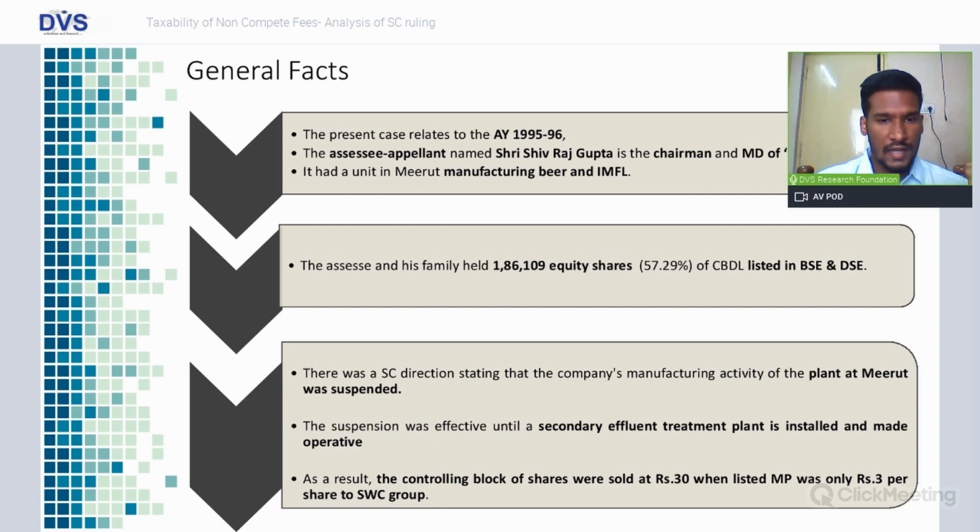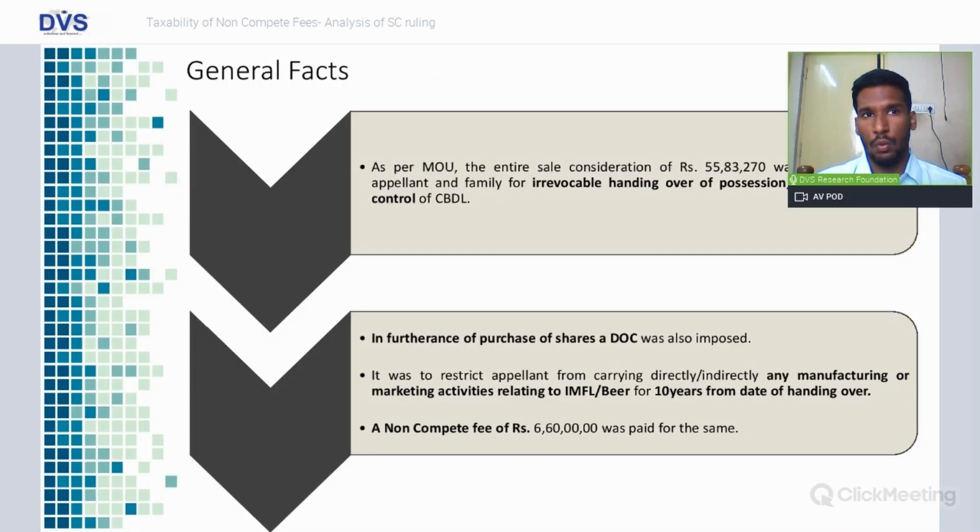So the sale price was rupees 30 per share, but the listed market price of the share was rupees 3. As a result of this transaction, there were two considerations that were paid out. One is obviously the management and control consideration that totaled to somewhere around 55 lakh rupees, and this was paid to the assessee as well as his family.